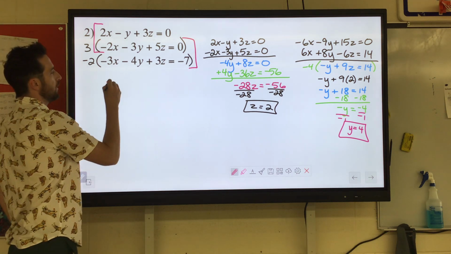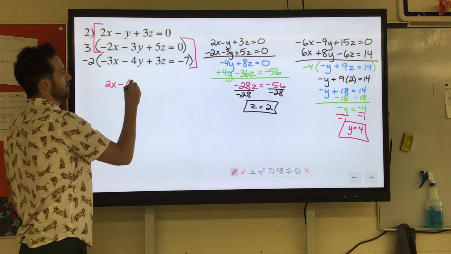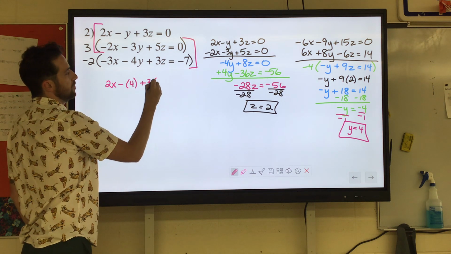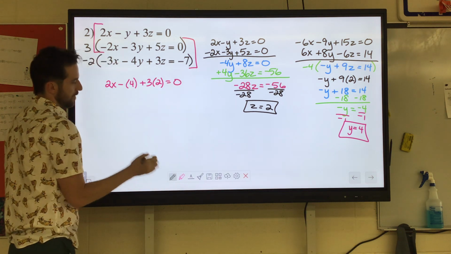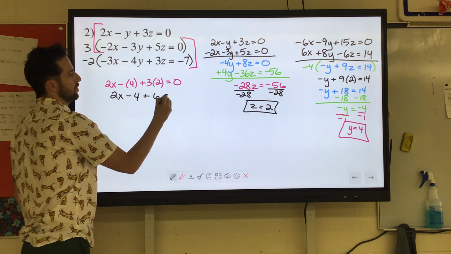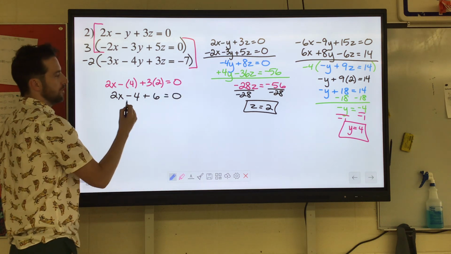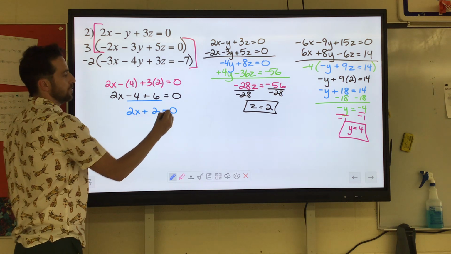So it's 2x minus y, and y is 4, plus 3z, z is 2, equals 0. So this will give us 2x minus 4 plus 6 equals 0. We combine our like terms. 2x plus 2 equals 0.